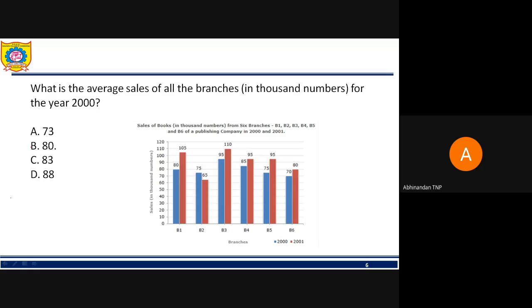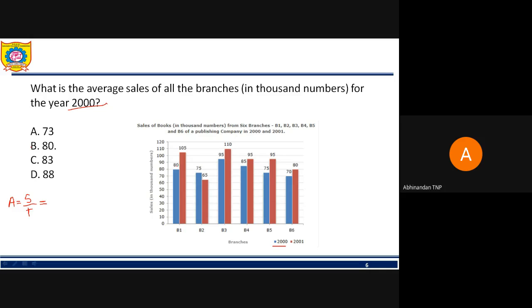Again, as I told you, average is equal to the sum of observations divided by the total number of observations. What is the sum that you have to find out? The average sale of all branches for the year 2000. The blue one is 2000.